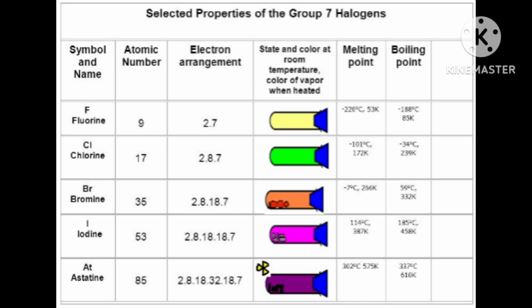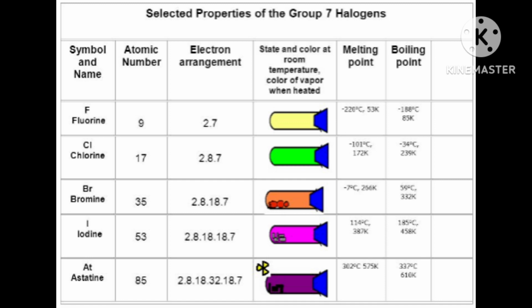Why is it the smallest? Due to maximum effective nuclear charge, the nucleus will attract the electrons. That's why it is the smallest atomic radii due to maximum effective nuclear charge. Always remember this, the question is asked.